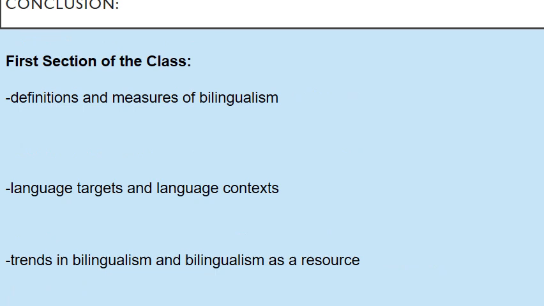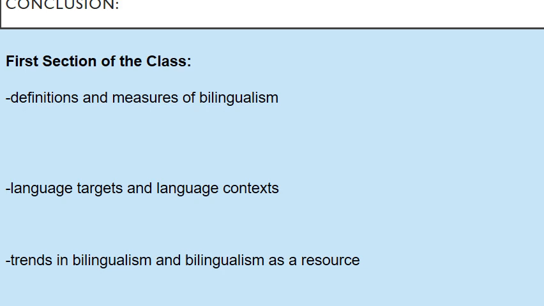I'd like to quickly provide an overview and a conclusion to the principles of our class. So if you remember, in the first section of our class, we began to discuss the definitions and the measures of bilingualism.